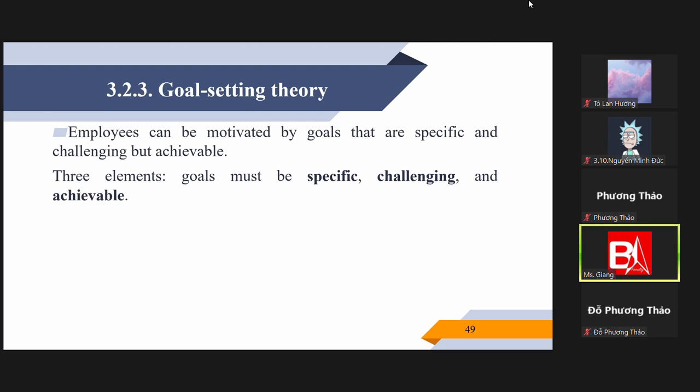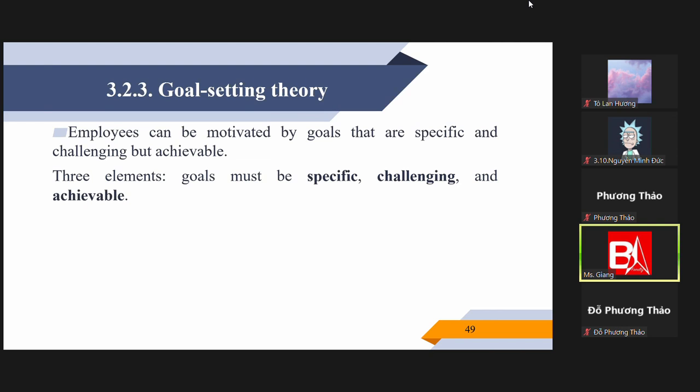We have learned about the SMART rule of setting goals, so I think that you can easily understand this theory, right? We have the 3 elements of goal in order to make employees motivated. The goal should be, the first one, specific, the second one, challenging, and the last one, achievable.